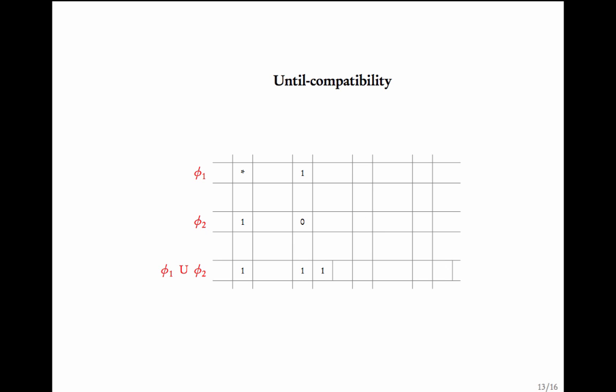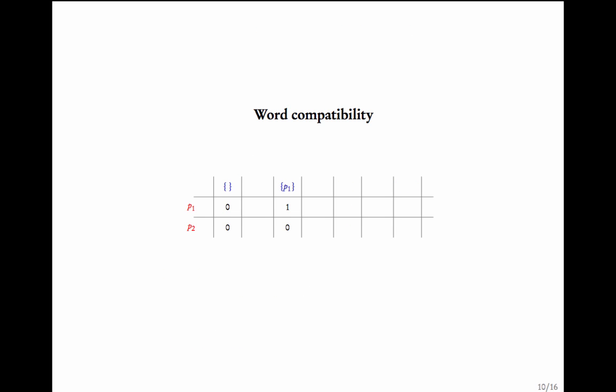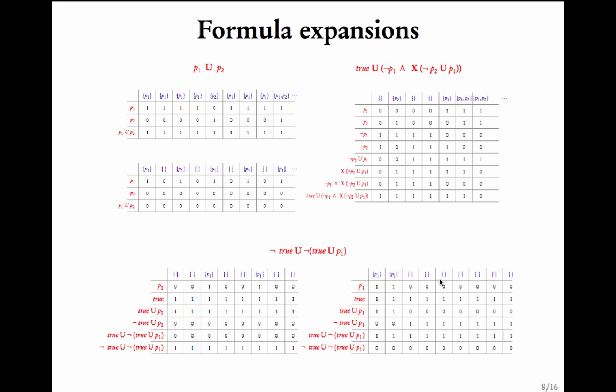Okay, let us have a look and see. Look at this position. This is 0 here and this is 1 here. Then here it has to be 0. Okay. It just says that if P1 until P2 is false and currently P1 is true, then in the next step, definitely P1 until P2 should be false.